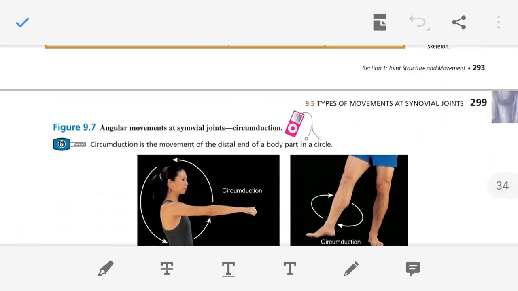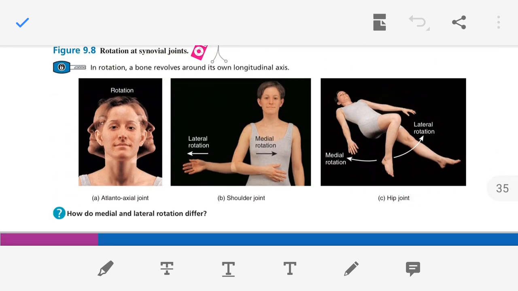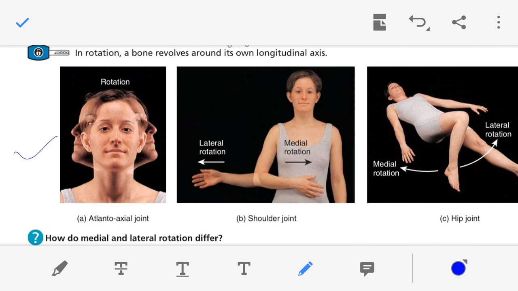So here in this figure, as you can see, this girl is saying no, and the reason she is able to say no is the atlantoaxial joint of the first and second vertebra.